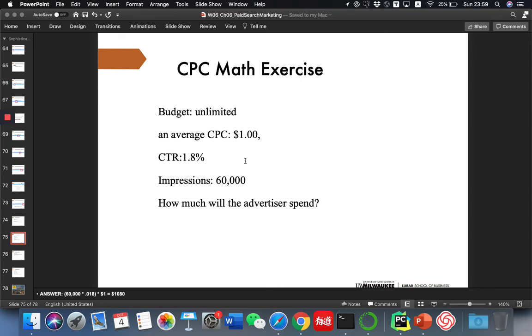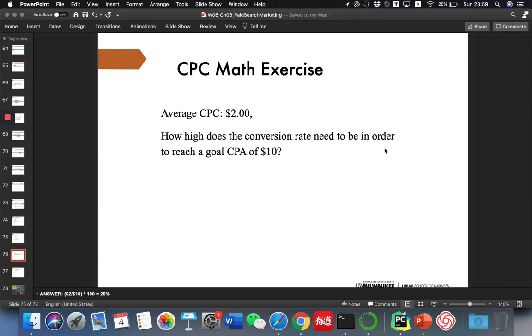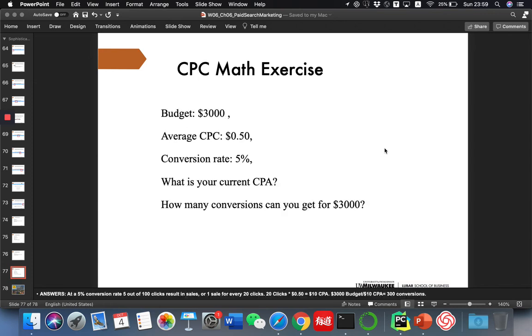So we get 1080 clicks, and the total cost should be $1,080 in total. Okay. And there are other two examples. I'd like you to read them by yourself and check the answer at the notes parts.